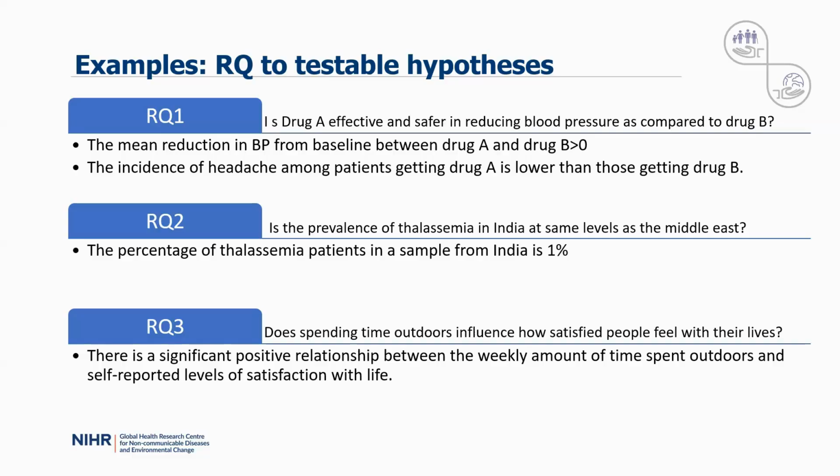A possible conversion would be: how do you measure satisfaction? You would have some metric for measuring satisfaction. So the outcome is satisfaction, and your independent variable is the time spent outdoors.